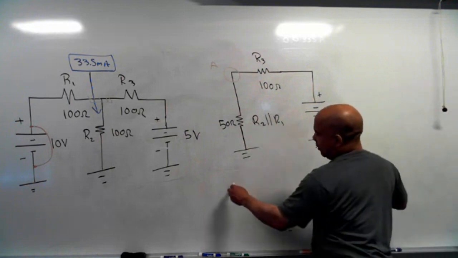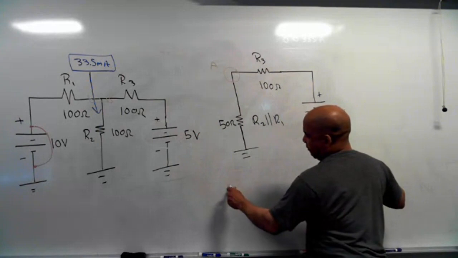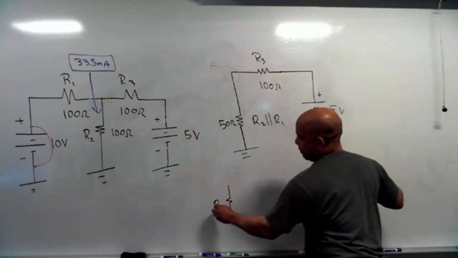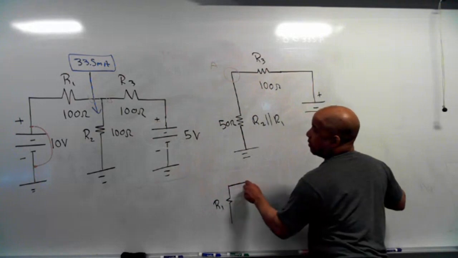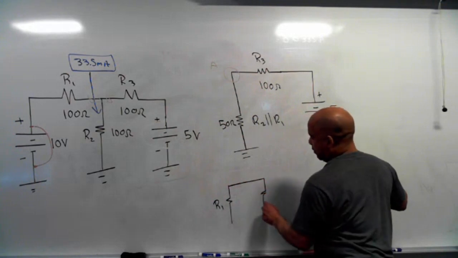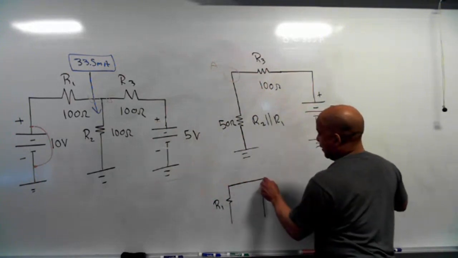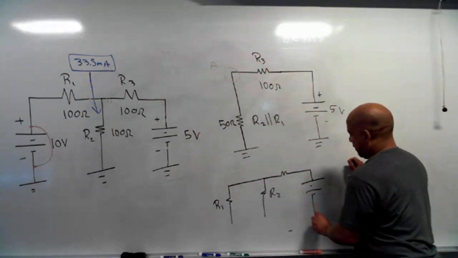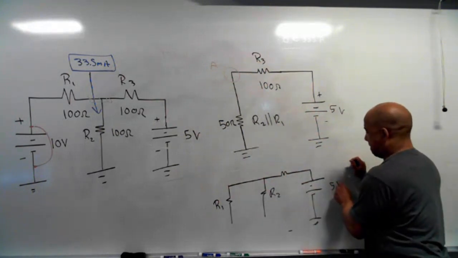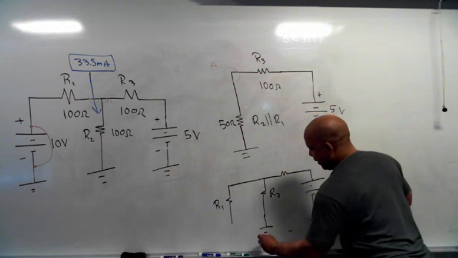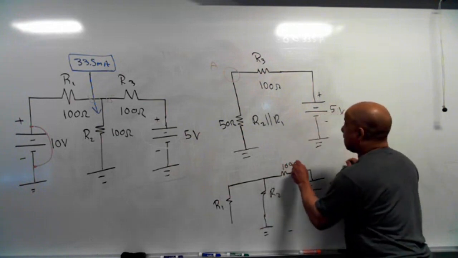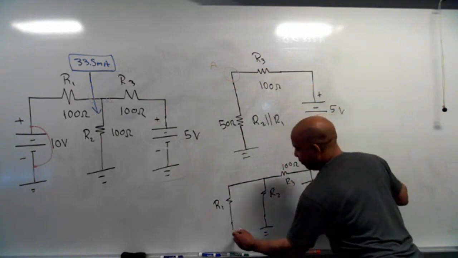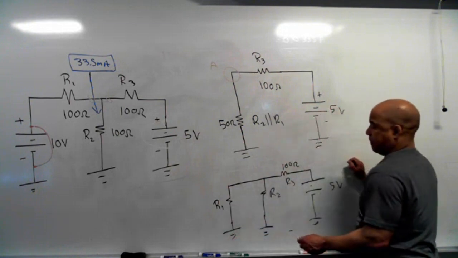So to get to this circuit, I've had R1 and R2 in parallel, and I have R3, and I have the 5-volt source. So that would be the circuit that I get my equivalent circuit from.